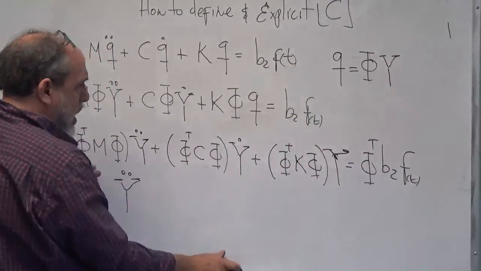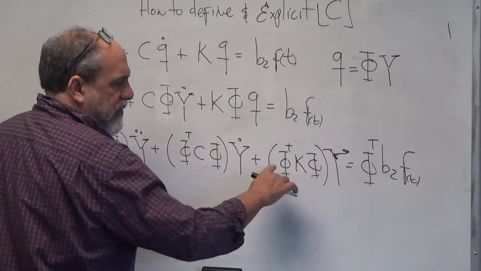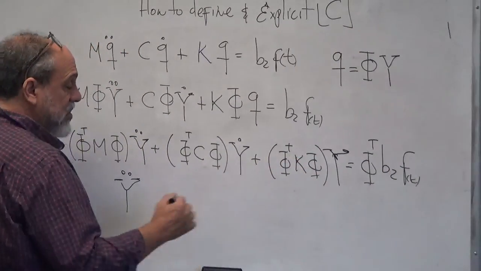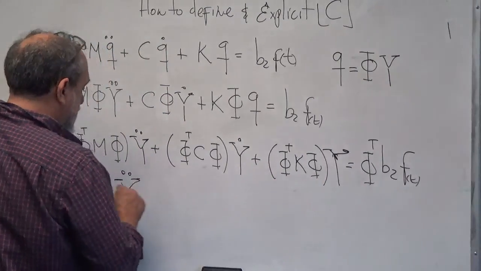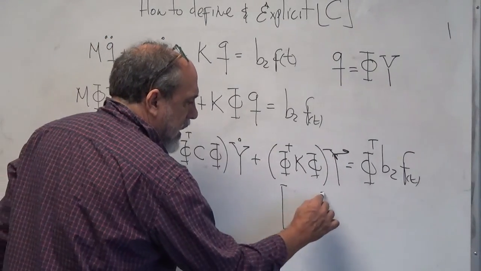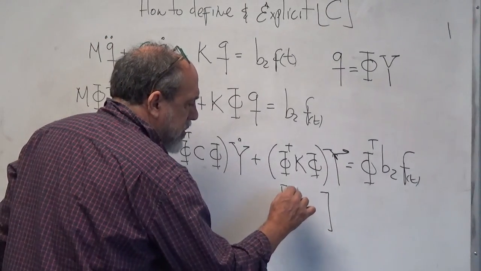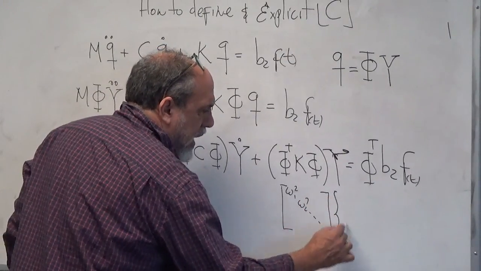Remember that in the modal equations, this just becomes omega squared, right? Therefore, phi transpose K phi is just omega squared. So this is a matrix of the lambdas, right? So we have here, if you'd like, omega 1 squared, omega 2 squared, etc., times the y, right?